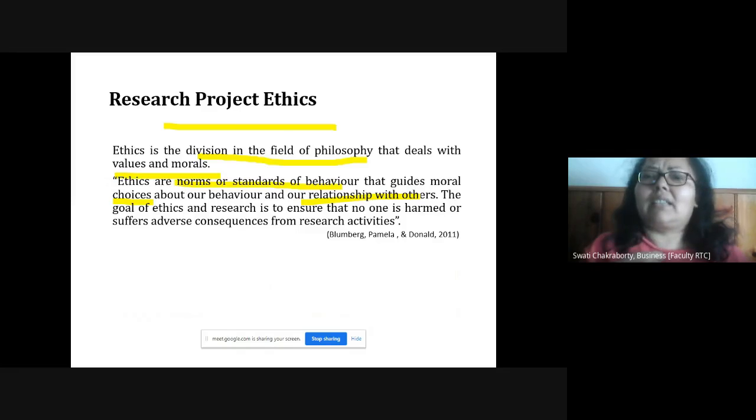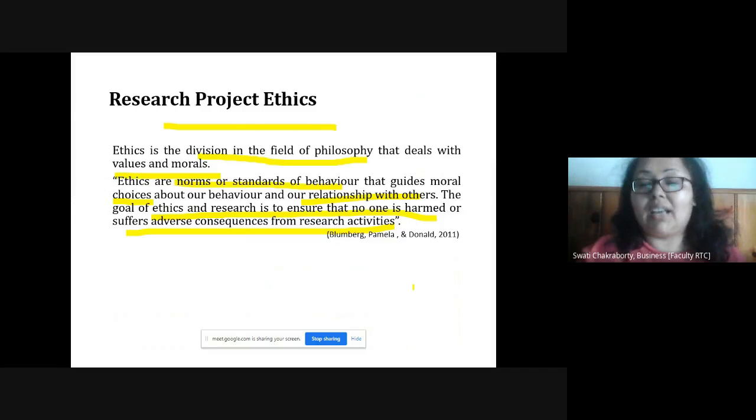So why are we talking about ethics here? The main goal of ethics in research is to ensure that nobody gets harmed and that nobody's sentiments are hurt. There should not be any adverse consequences because of the research activities.